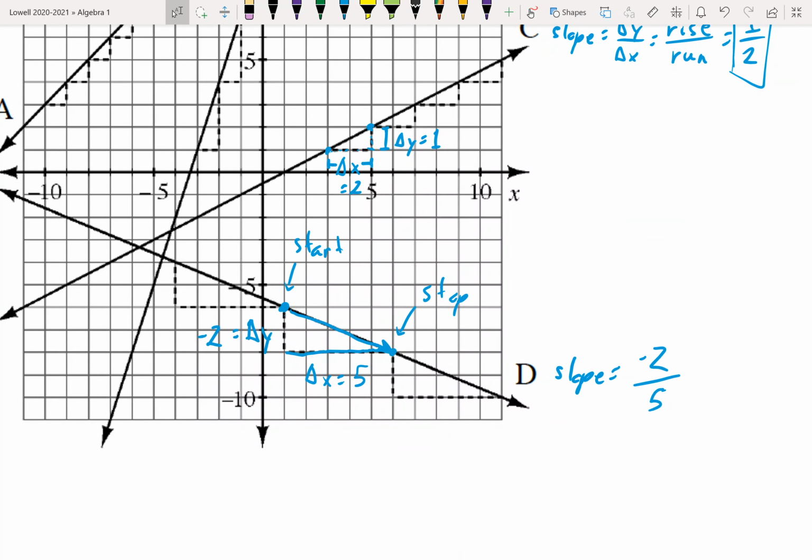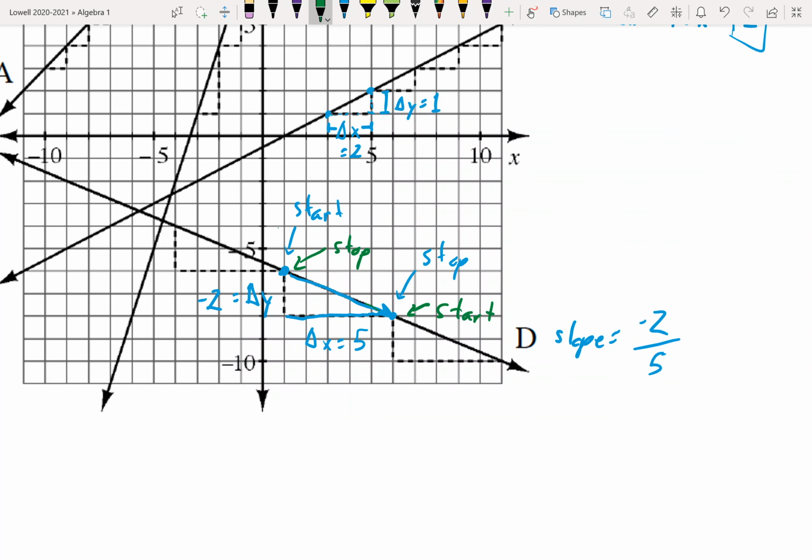And now we can actually work the other way if we really wanted to. So let's pretend, I'm going to do this one in green, let's just say I go backwards, right? Let's pretend I started here, and then I stopped there. Well, that would just read it backwards.